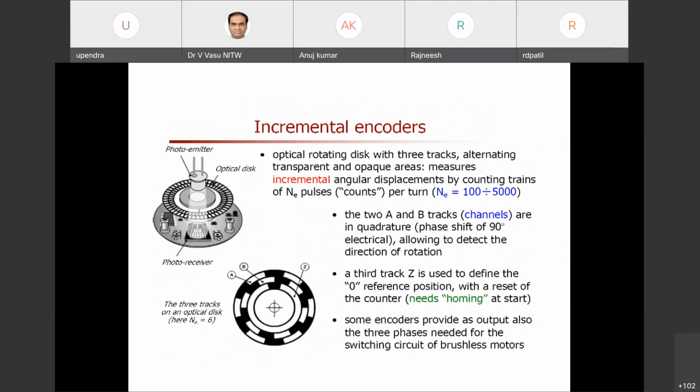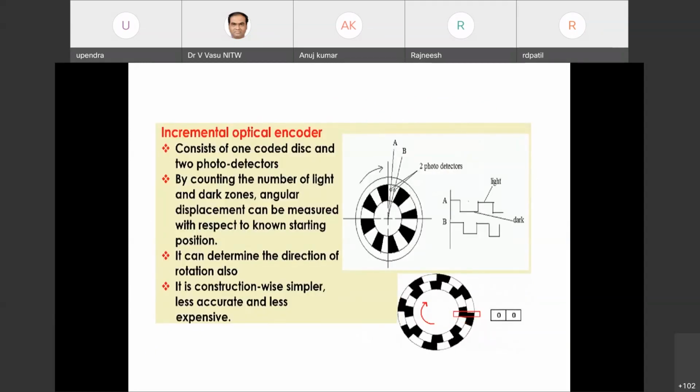So to overcome that, we have the incremental encoders, which contain 3 disks. The center disk is needed for the homing representation, and it is considered the reference disk. The other 2 disks are used for the application. By using this, you can also identify the direction of rotation.